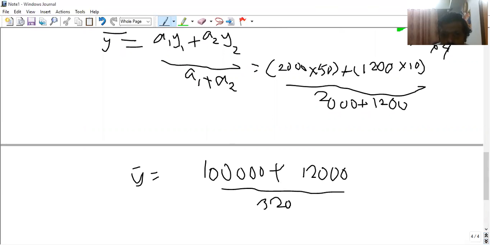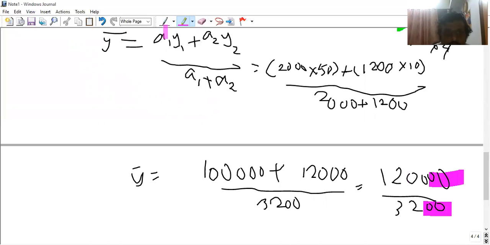Total answer is 3200. 2000 plus 1200, upon 3200. So what is the thing, students? So two zeros will go, and here also two zeros will go. So that will be 2 16s and 2 600s and 2 8s are, and this will be 300s are, and this will be 4s are, and this will be 150s are, and 2 2s are, and 2 75s are.